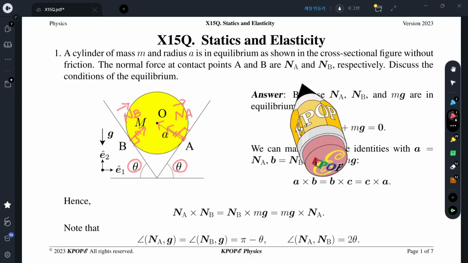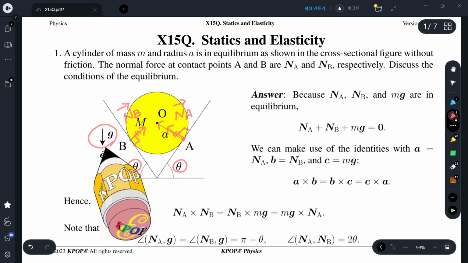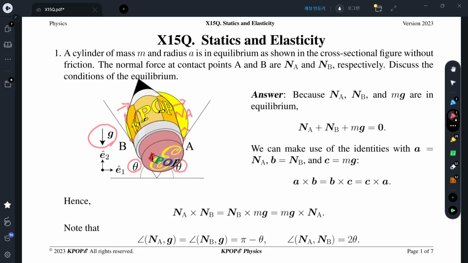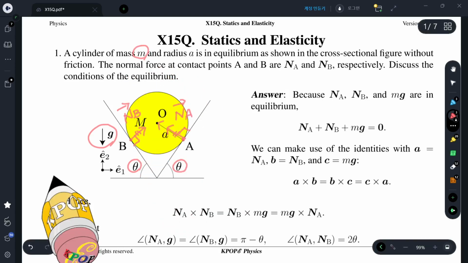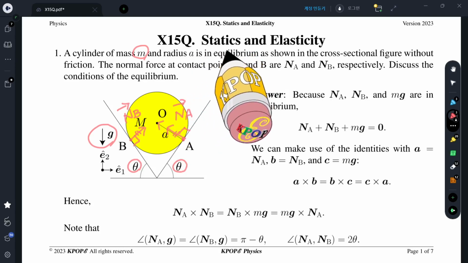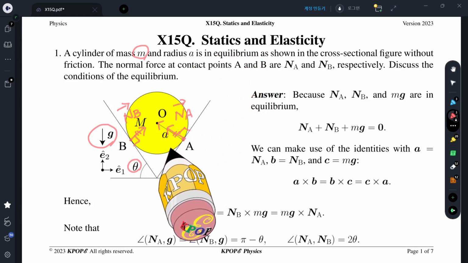In addition, we are under a constant gravitational field, so this rigid body experiences the gravitational force mg because the mass is m. When we study rigid body dynamics or statics, and here we are considering statics instead of dynamics, it doesn't move at all.